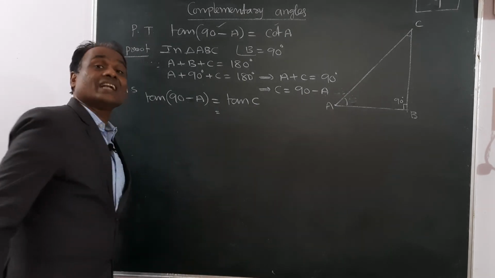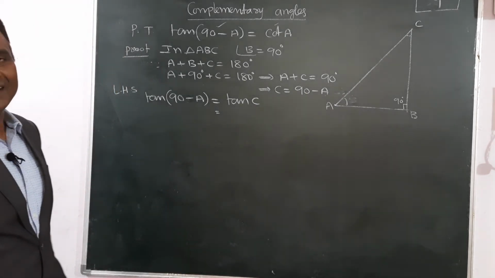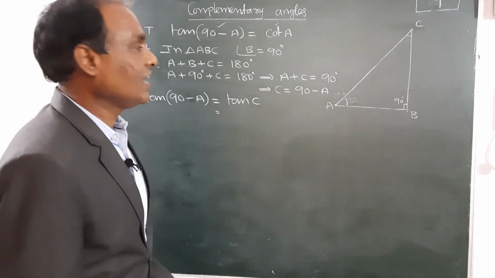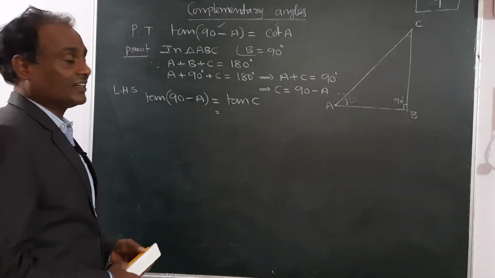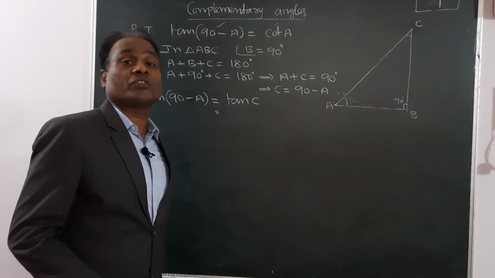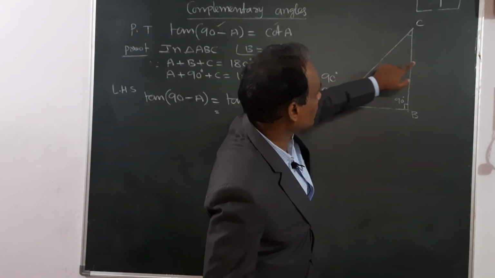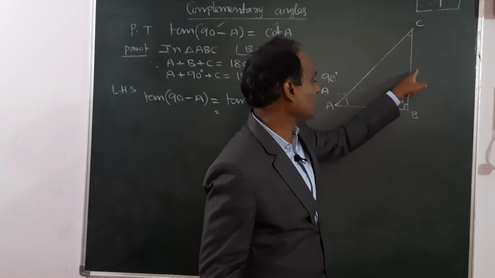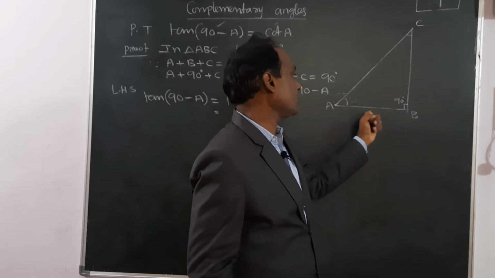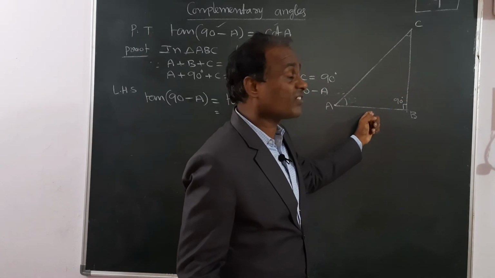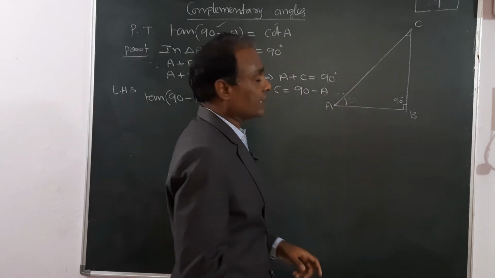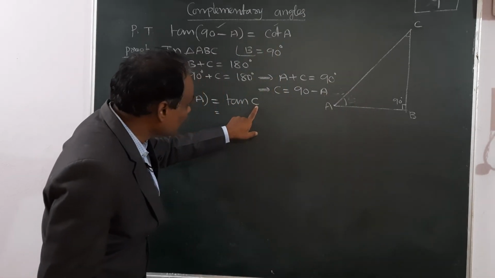What is tan definition? Tan definition is opposite by adjacent. Tan theta definition, opposite by adjacent. So this is hypotenuse, no doubt in that. In these two, one time this will become opposite, and sometimes the other will become opposite. So it depends on the angle which we are taking. Now which angle I am taking? C angle.